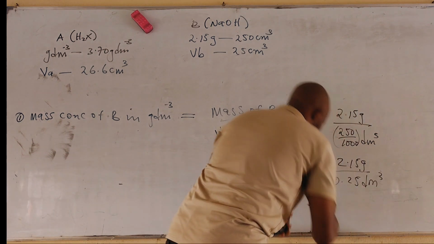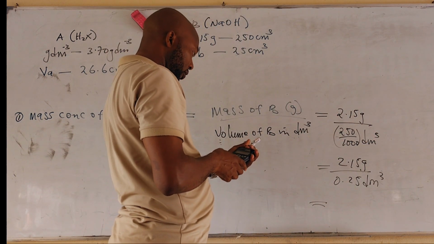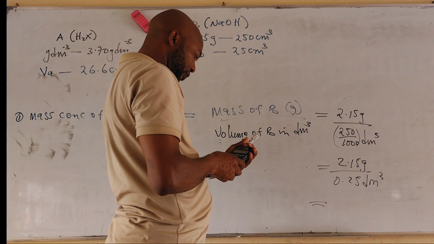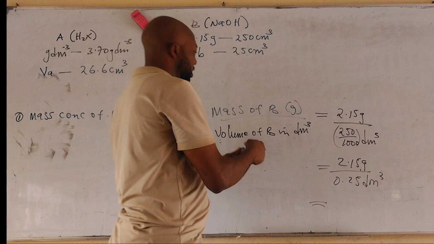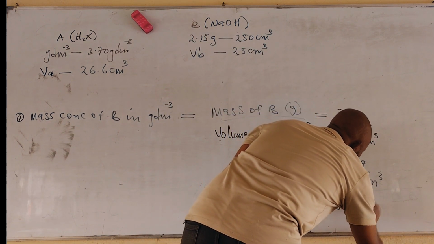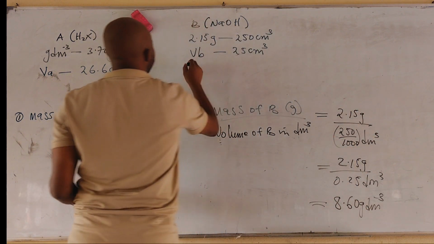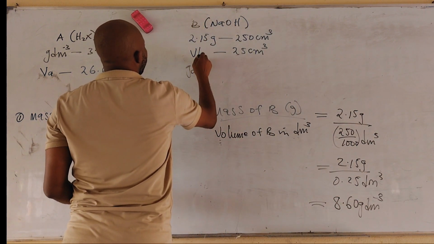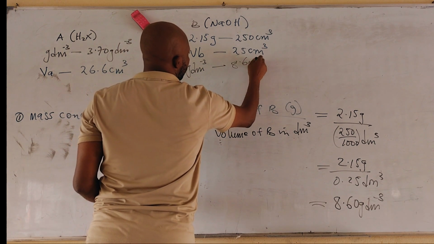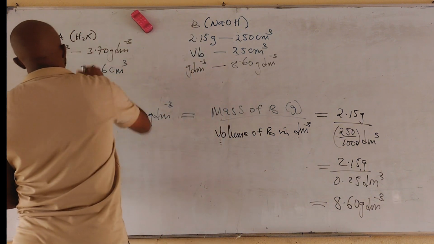And that is equals to what? 2.15 divided by 0.25 is equal to 8.6. So this is 8.60 g per dm cube. So the g per dm cube of B is equal to 8.60 g per dm cube.